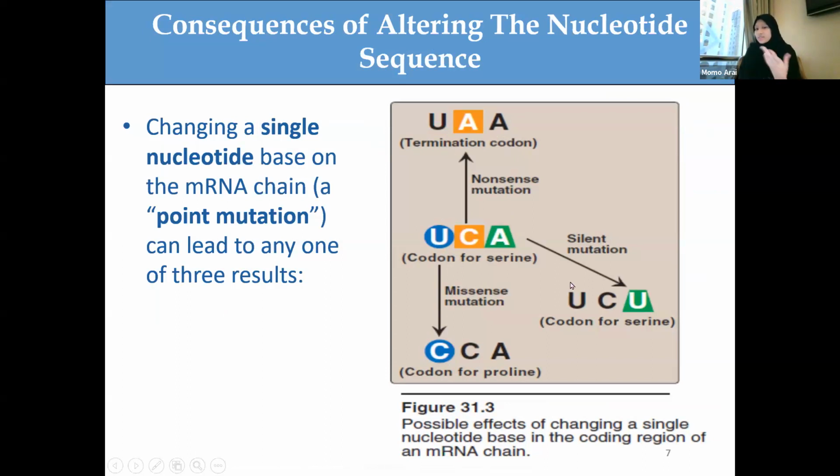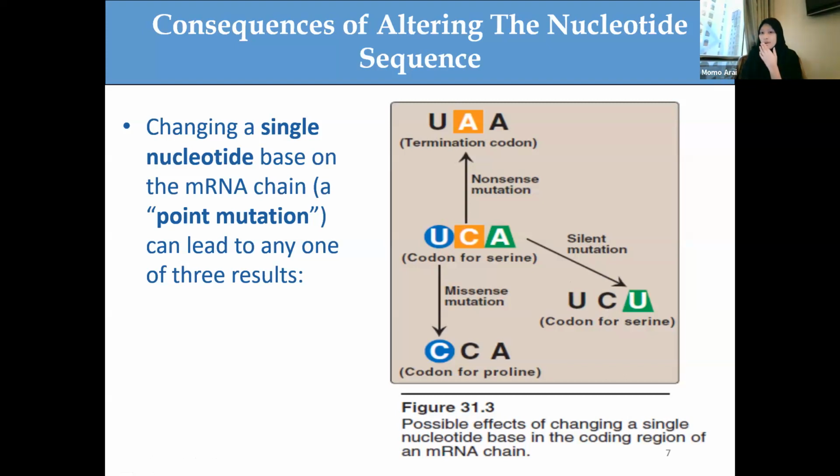So it can sometimes be UCU because transcription doesn't happen perfectly all the time. There can be mistakes in our body. So if the third base is the only one that's changed and it still codes for serine, then that's fine because it won't cause any issues. It's the same amino acid. So this change is called a silent mutation because it doesn't do anything.